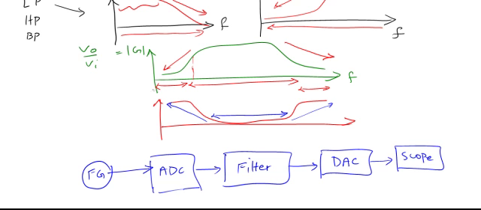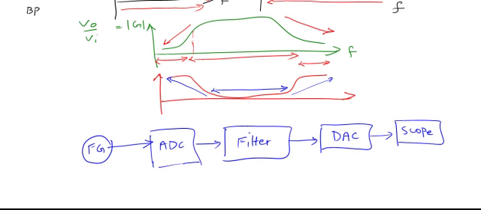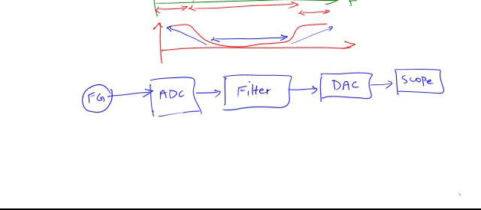So what happens, we are going to change the frequency here. So let's say the filter is a low pass filter, meaning that this is going to be the frequency response. This is again gain, and this is your frequency. So I'm going to have a sinusoidal signal here.